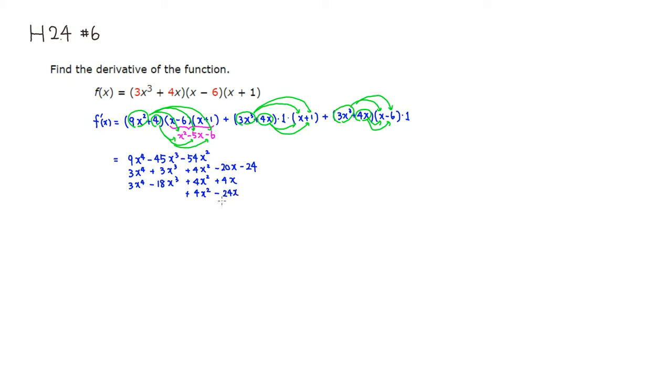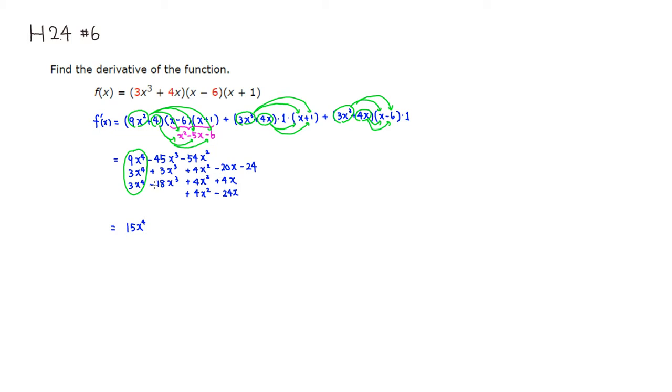So we just have to group them all together. Let's look at this guy right here. We have 9 plus 3 plus 3, so that would be 15. So we have 15x to the 4th power. Then this is a tough one.